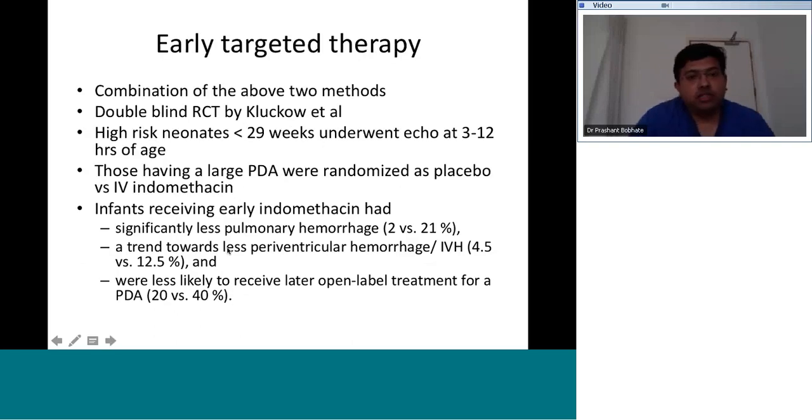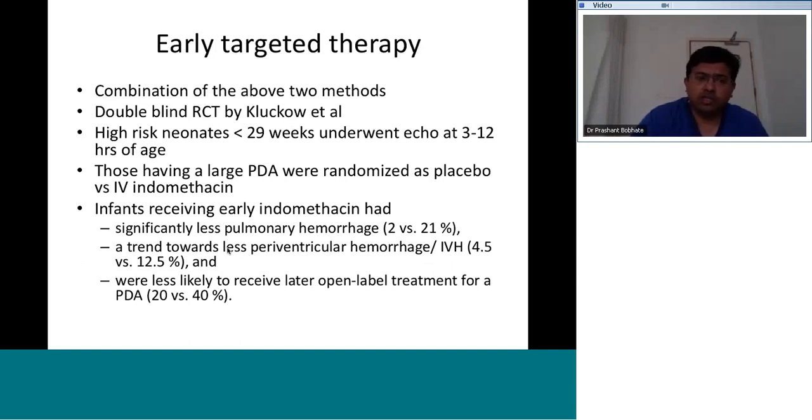Early targeted therapy is a combination of both methods, and there was a double-blind randomized controlled trial by Fluco et al. in which he screened all neonates less than 29 weeks, who underwent an echo at 3 to 12 hours of life. Those having a large PDA were randomized to placebo or IV indomethacin.